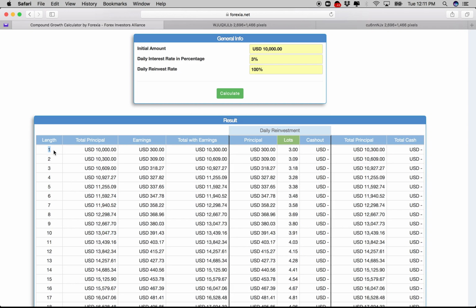So we would jump from 1 to 10 in one trade, you guys. That's what I'm trying to get across here, that you don't have to go from 1 to 2, 2 to 3, 3 to 4. You can jump from 1 to 10 based off of the risk reward that you're using.